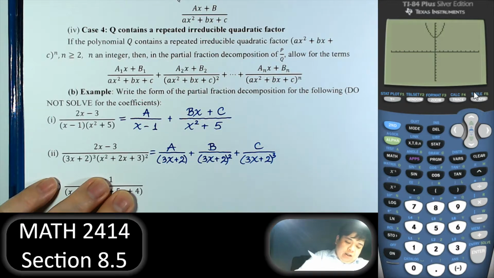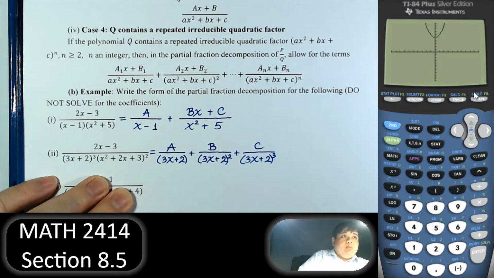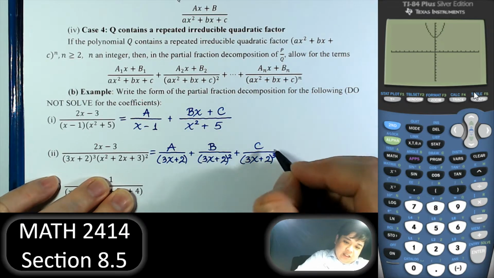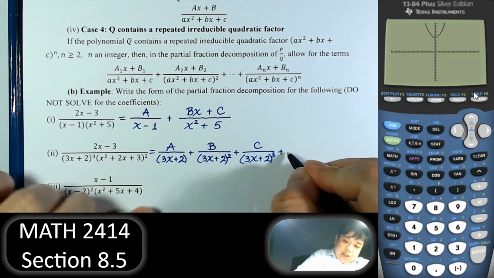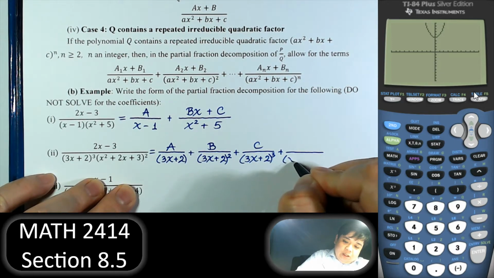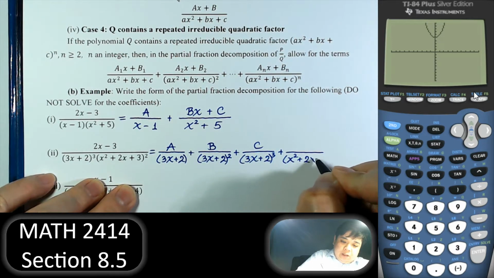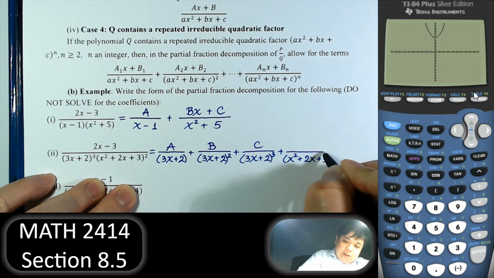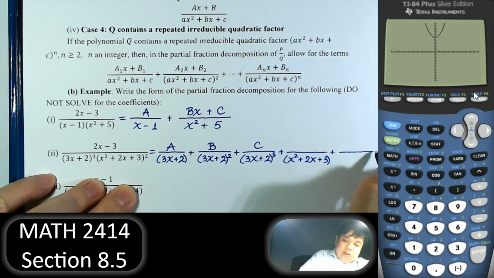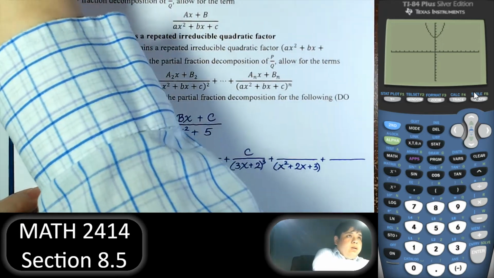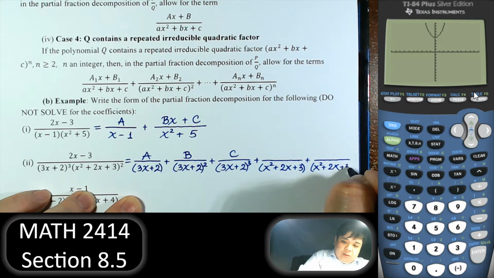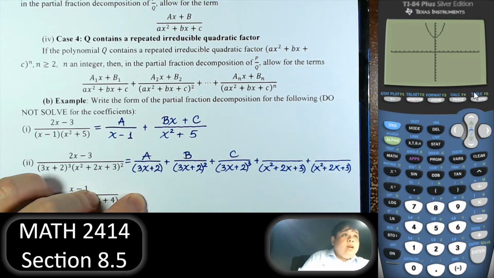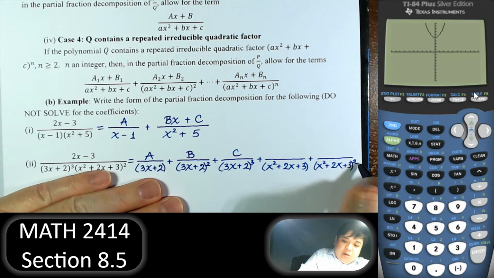Now, for the x squared plus 3x plus 3, there are two of them, so we're going to have 2 of those. And then we increase the power.